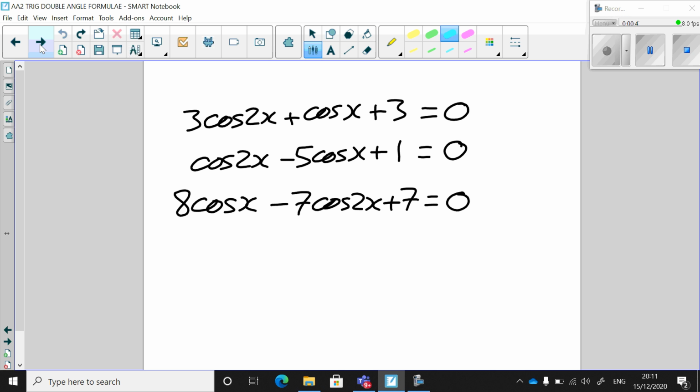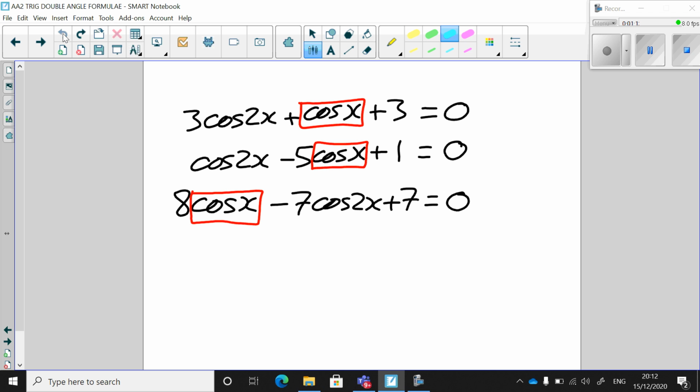We're going to get rid of cos 2x in each of them, so don't concern yourself with that. Concern yourself with the other trig parts.